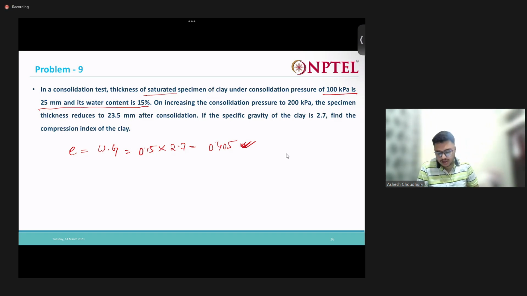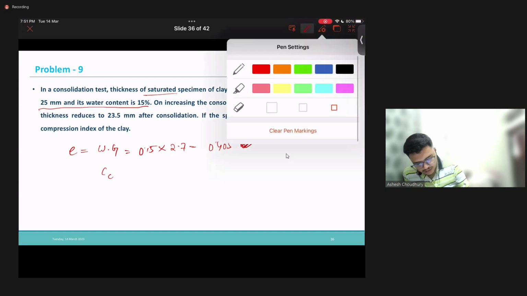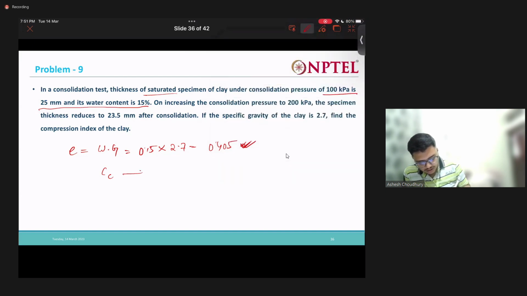Right? So finally, what are we asked? We are asked to find out the compression index. So what is the relation for compression index? Actually, this compression index is related to my consolidation settlement. So let me write down the relation for the consolidation settlement, which we have been using.